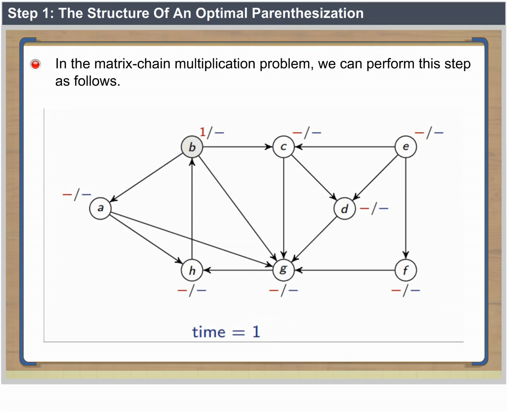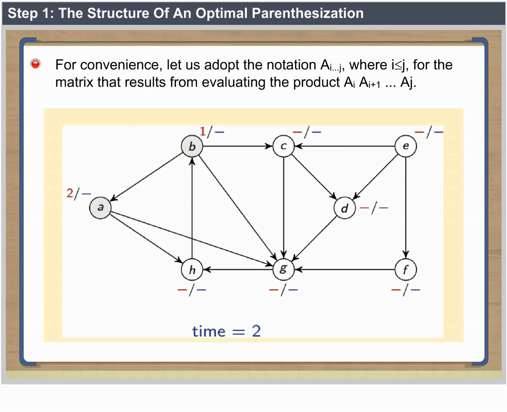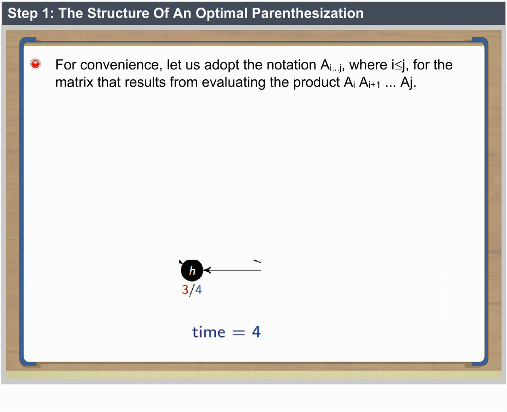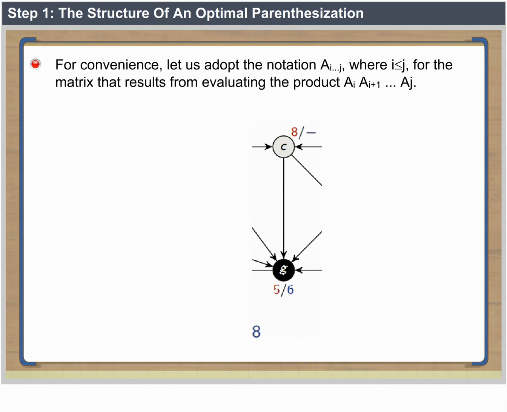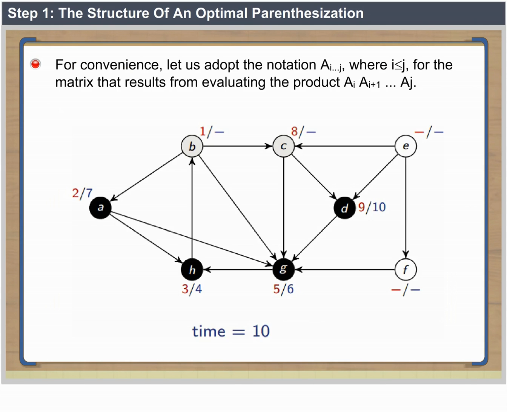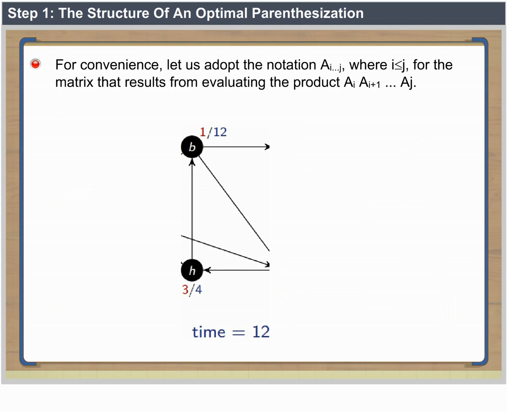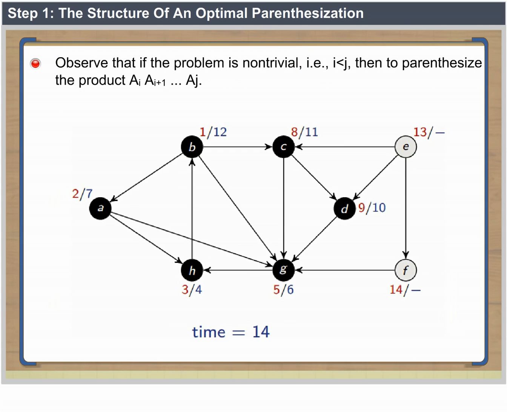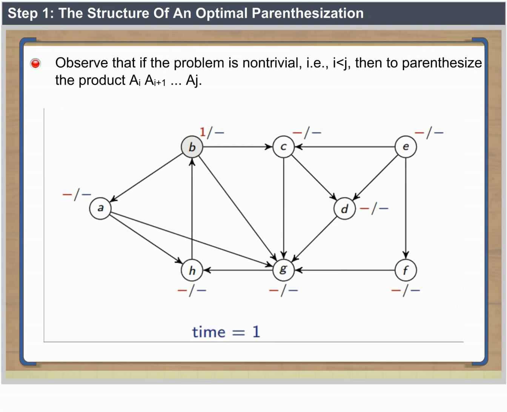For convenience, let us adopt the notation A(i..j), where i is less than or equal to j, for the matrix that results from evaluating the product A(i), A(i+1) up to A(j). Observe that if the problem is non-trivial, that is i less than j, then to parenthesize the product A(i), A(i+1) up to A(j).